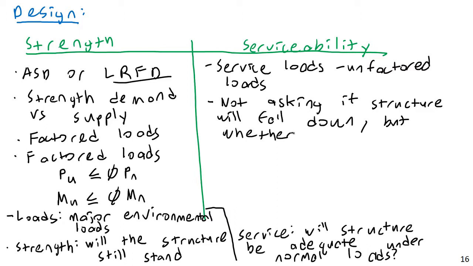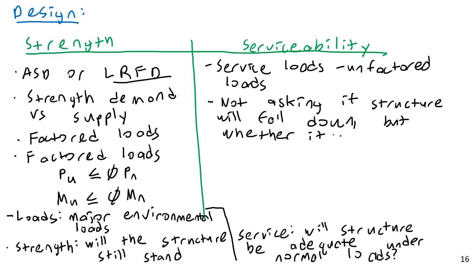Again, if it's going to be a major environmental effect or a loading condition like a hurricane, I really don't care how much it deflects. But whether it deflects too much.